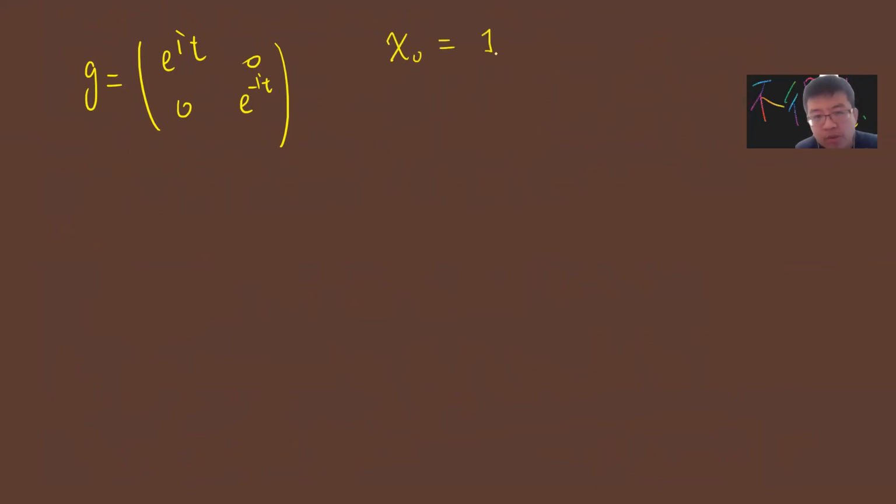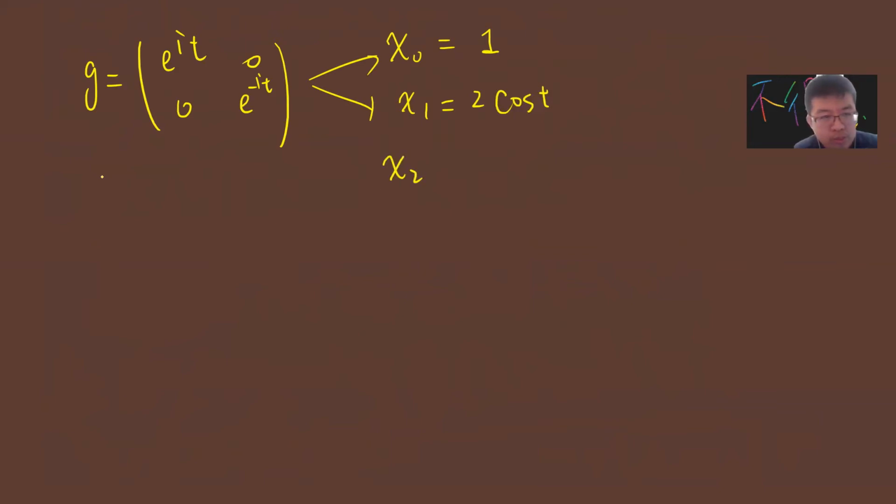Okay, so let's say your g looks like this. For the trivial representation, chi_0, everything is mapped to 1. How about chi_1? This is the standard one, so it's e^{it} plus e^{-it}, so you get 2 cos t.